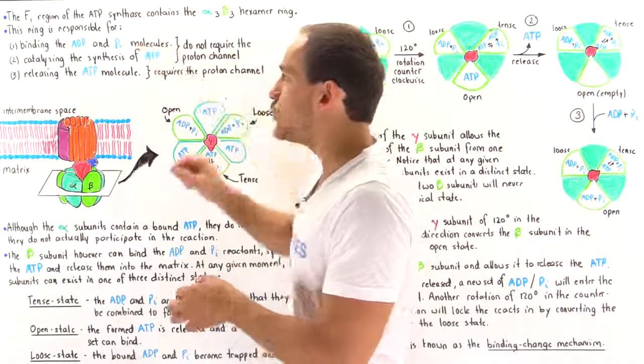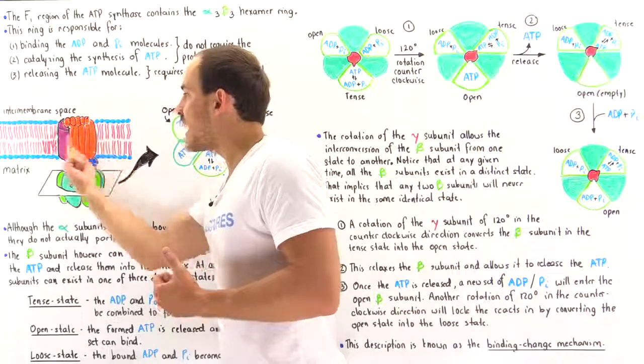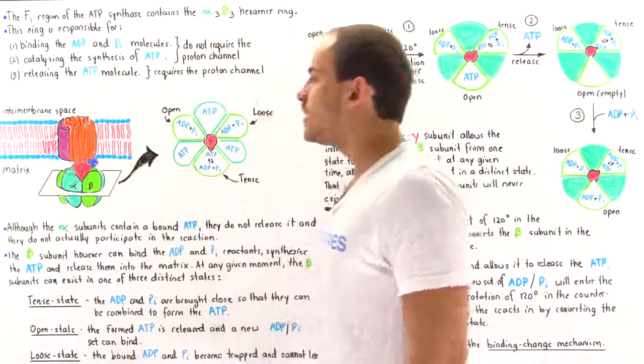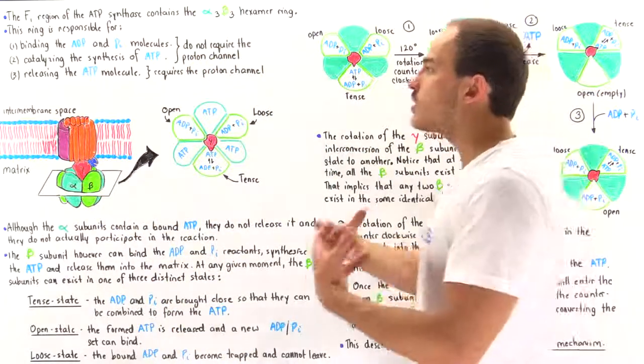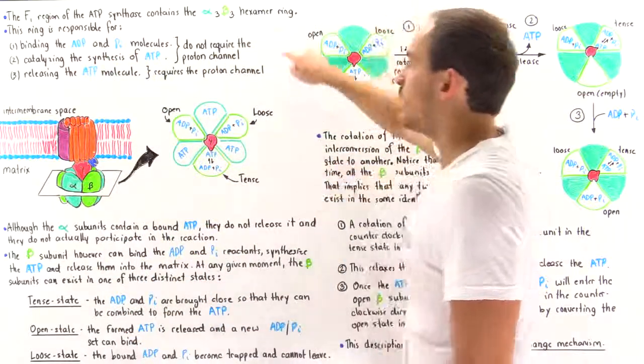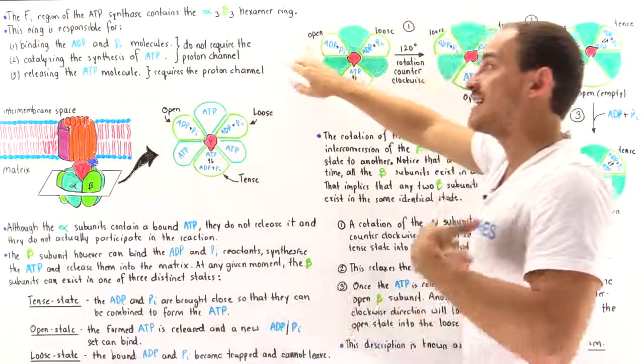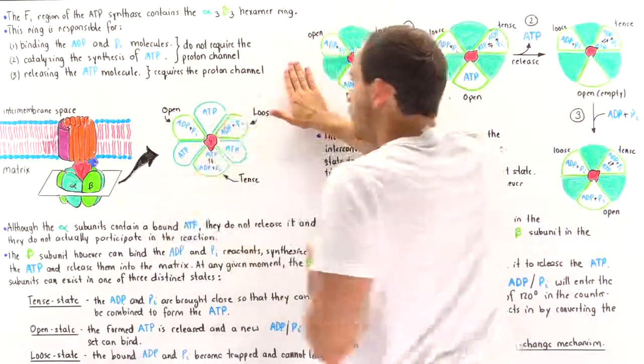So step 1 and 2 can take place regardless of whether or not we have this F0 region present within ATP synthase. So regardless of whether or not we have that proton electrochemical gradient, the hexamer can bind the ADP and orthophosphates and can convert them into ATP.